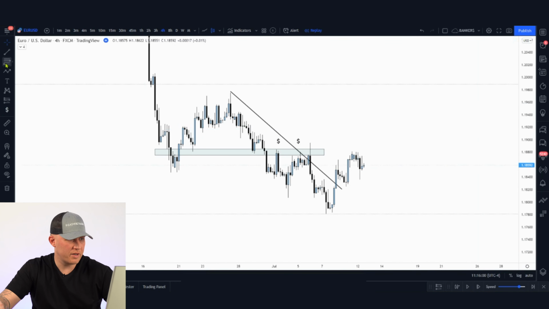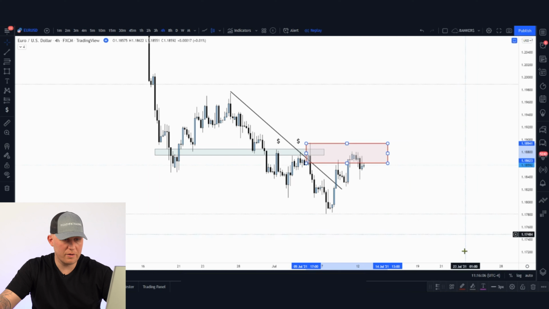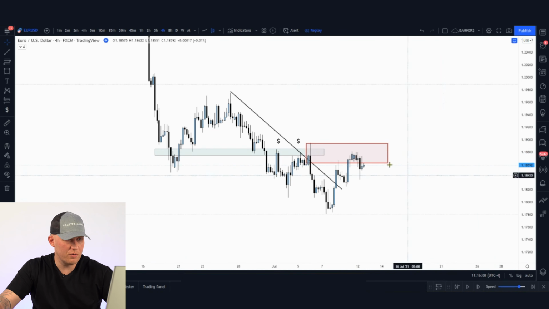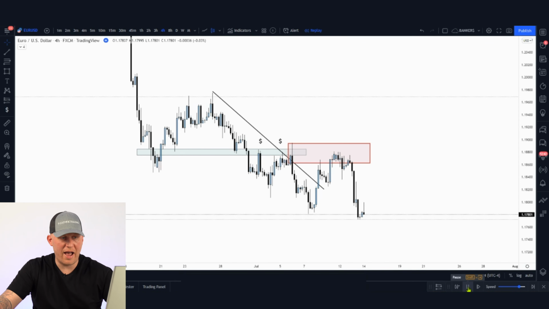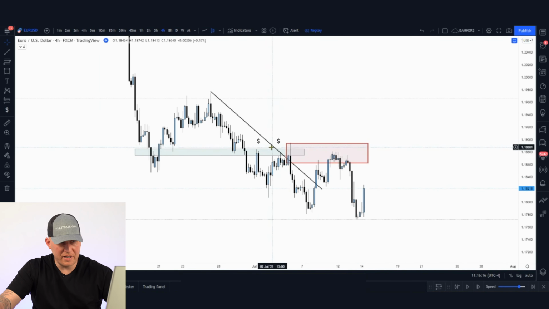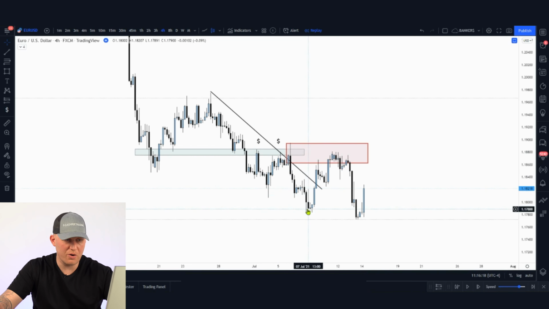I'm going to highlight this area here. Let me change the color on it, and I'm going to continue running this example out. And we can see right there, after price manipulated this area and created this lower low, we saw price retrace back to this level here, highlighted in red. That's the manipulation candle. That is where we're going to use our entry.